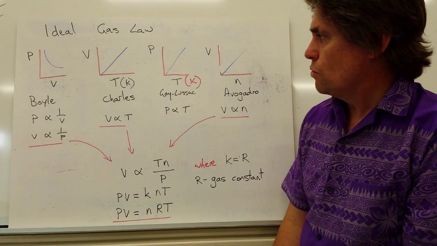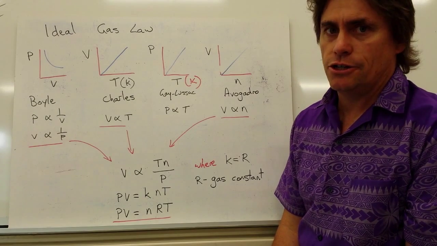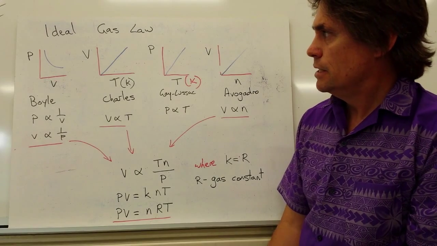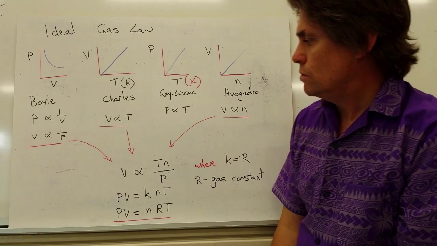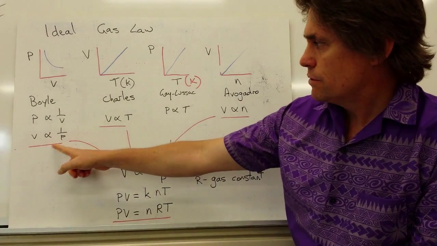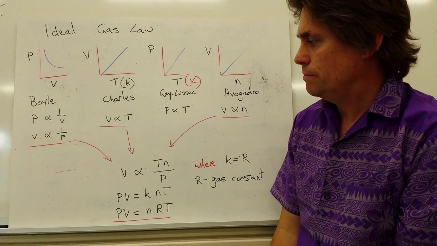So from these four relationships, we can actually derive one single equation that uses all four of these terms. So we're going to use Boyle's law, Charles' law, and Avogadro's law to derive this single equation. So we have our three proportionalities, and they all relate back to volume.